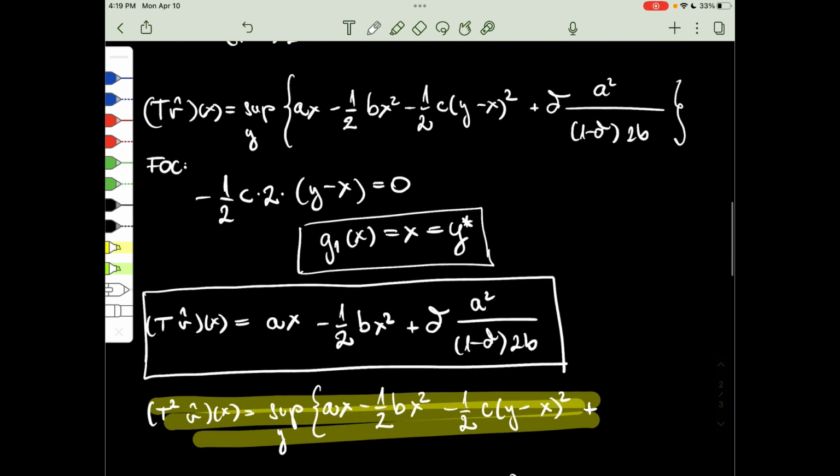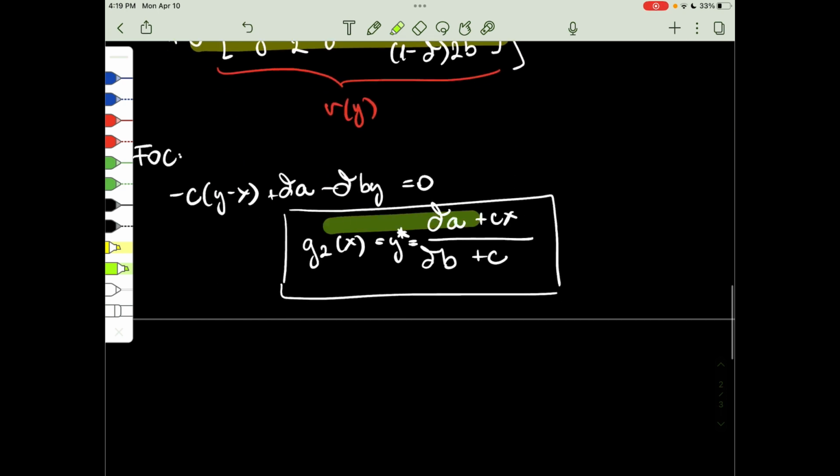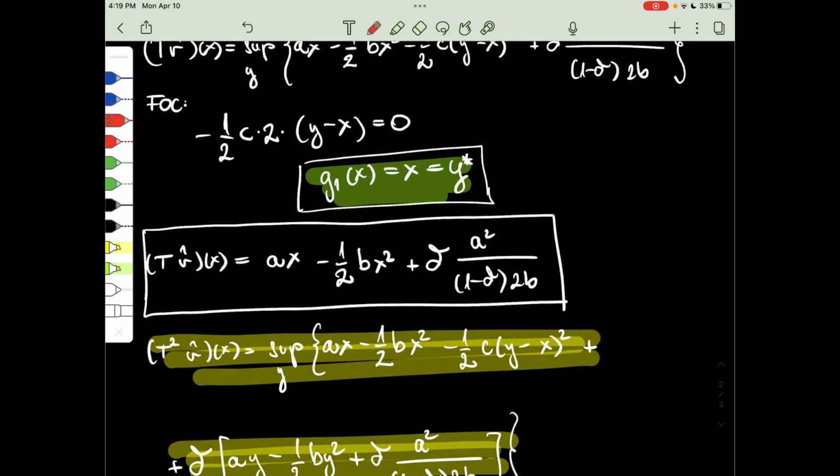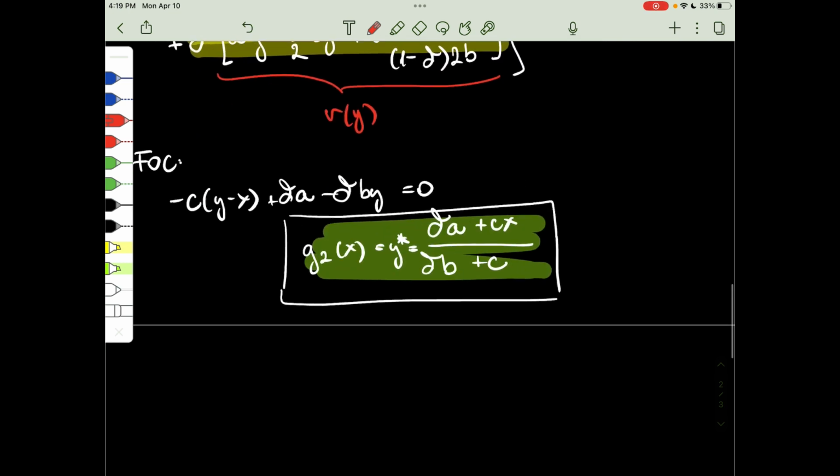While after the first round it was the optimum policy function, after the second round this is the optimum policy function. One thing hasn't changed. We have linear functions, so you can see that the optimum policy function is still a linear function of the state.